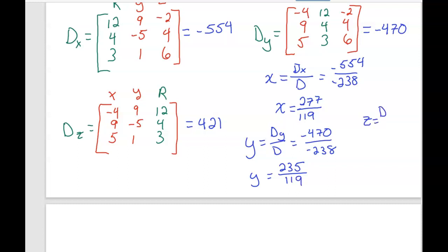And z is dz divided by d, which will be 421 divided by a negative 238. And that can't be simplified, so that's just going to be a negative 421 over 238.